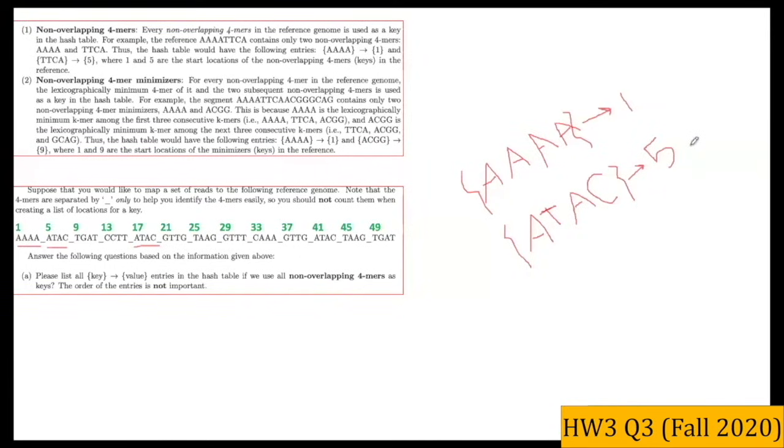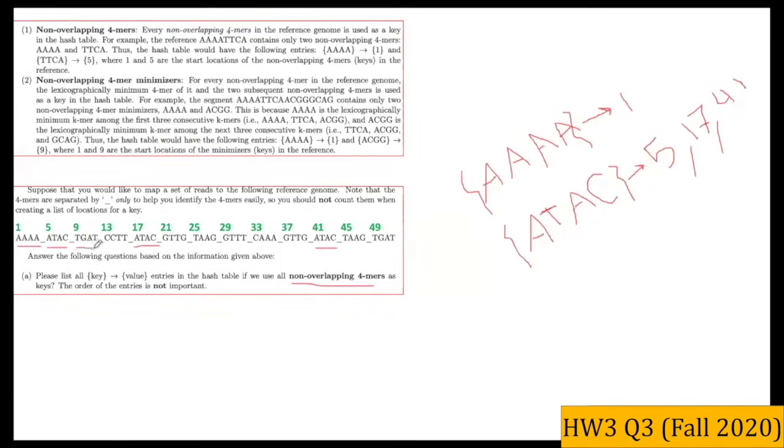What we need to do is just add a new location next to 5, which is 17. Now we do the same thing. We iterate over all k-mers using this method as the question specifies. And we see here there's a match, and this one starts at location 41. Do we have other matches? I guess no. And we keep doing the same thing.